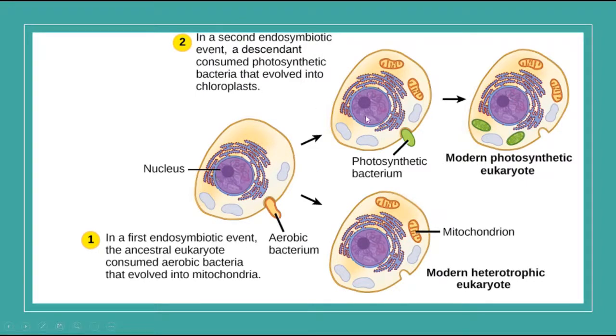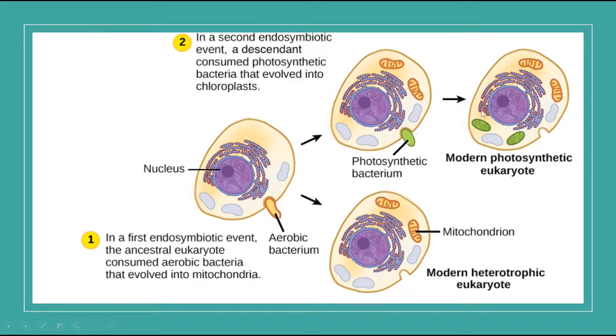And the second theory is that the descendant consumed photosynthetic bacteria that evolved into chloroplasts. We have also seen that there are various types of bacteria. So maybe the ancestral eukaryotic cell, which ate a photosynthetic bacteria, transformed it into a chloroplast.